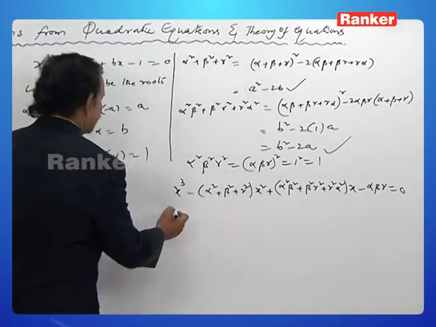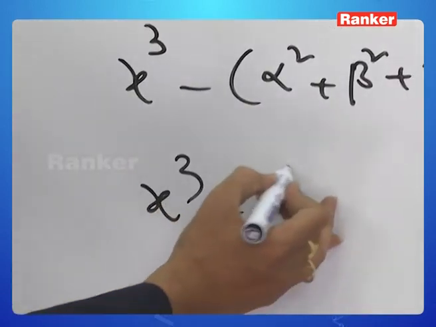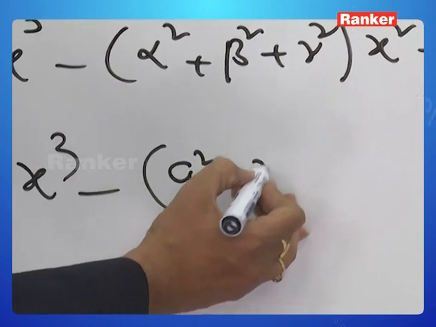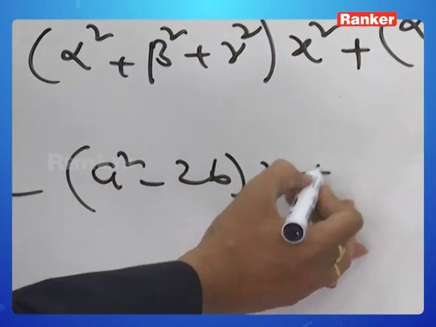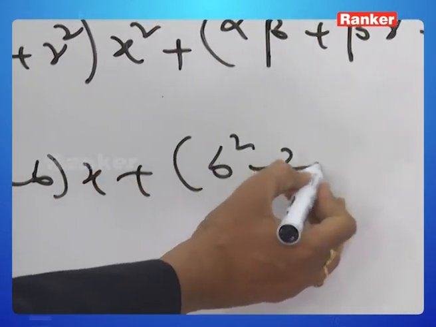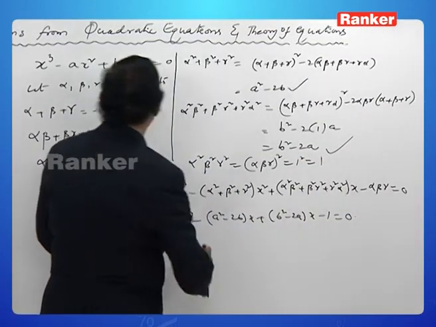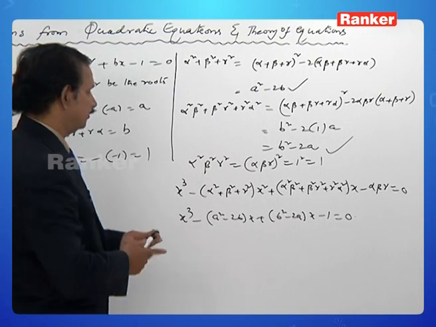That is x cube minus, what is alpha square plus beta square plus gamma square? a square minus 2b into x square plus b square minus 2a into x minus 1 is equal to 0.